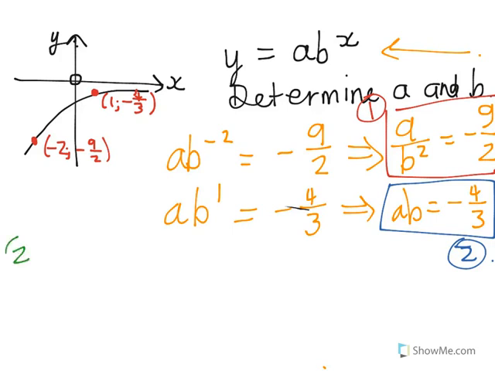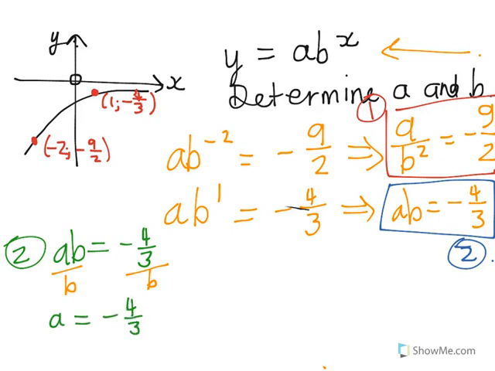I would take equation number 2 because it looks simple enough. ab is equal to -4/3, and if I divide both sides by b, then what I have is just a over here, and -4/3 divided by b, remember that's the same as multiplying by 1/b, so that would be -4 divided by 3b.